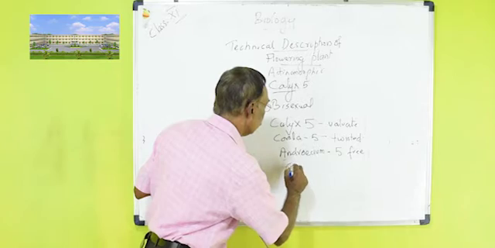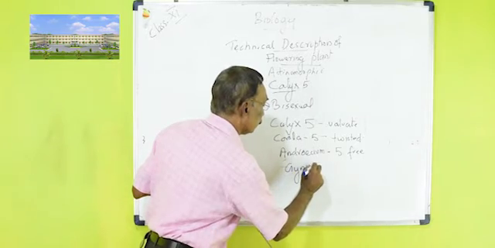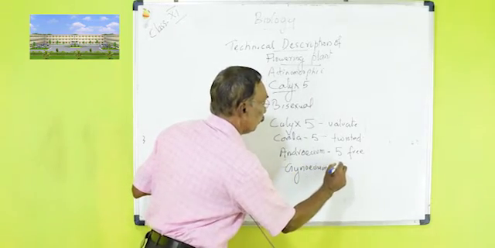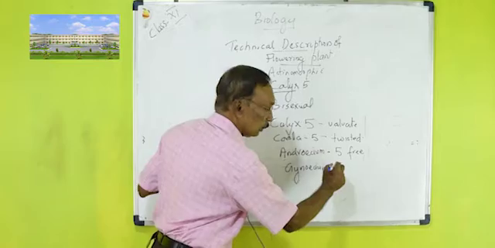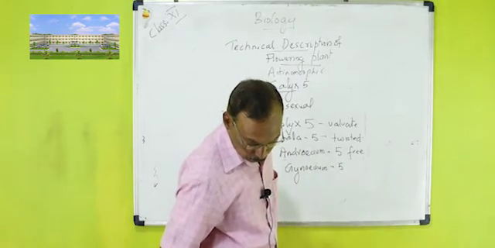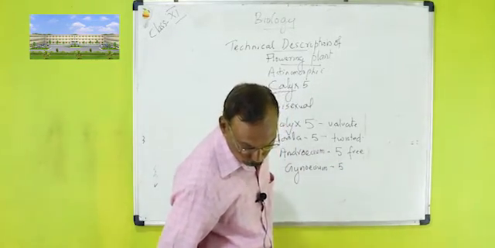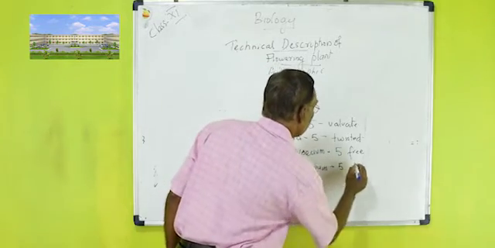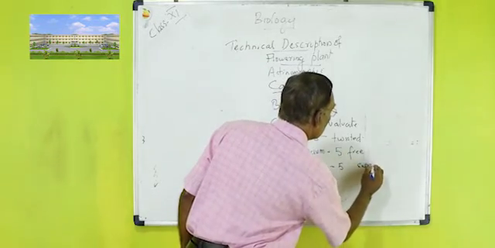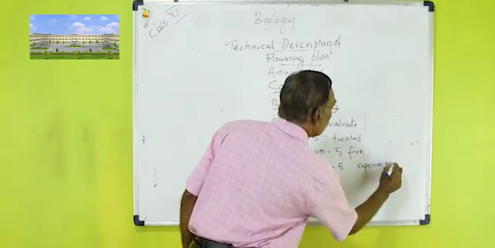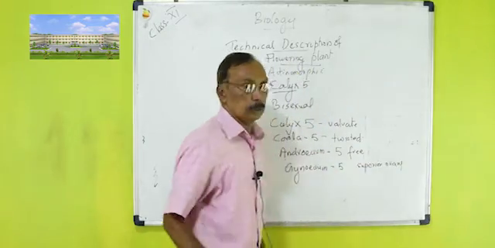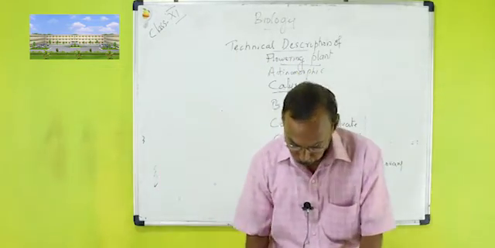Then gynoecium. Again, you can see 5. Ovary is superior.